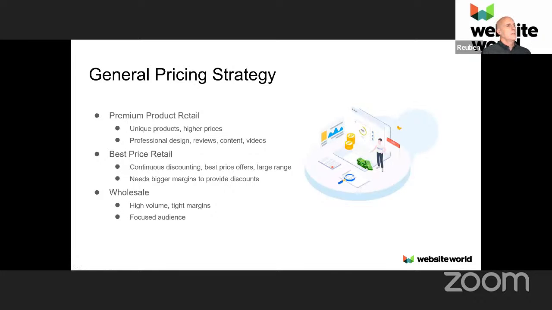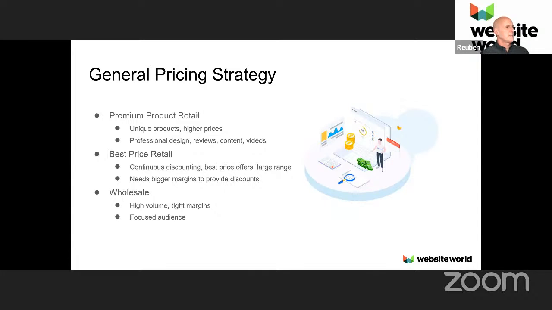So as a general pricing strategy, we might be in the business of selling premium products, high-priced items. They're unique products. Our website's going to have to be very professionally designed. We'll need reviews about these products, really good content and videos, because if people are just going to shop around for the cheapest price, then we need to do more if we're trying to sell premium products.